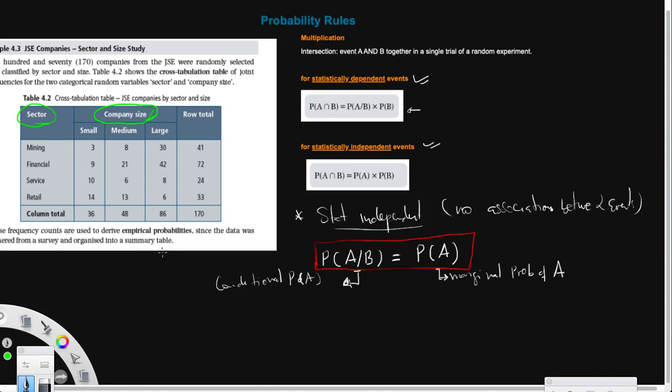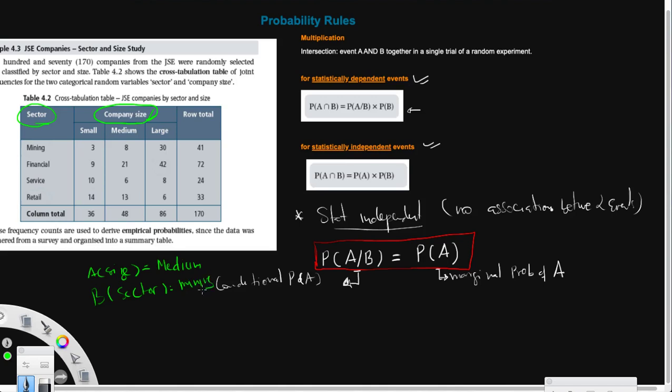So let's say for company size, I'll call it A, equal size, and by that we choose medium. And B for sector, we go for mining, for example.